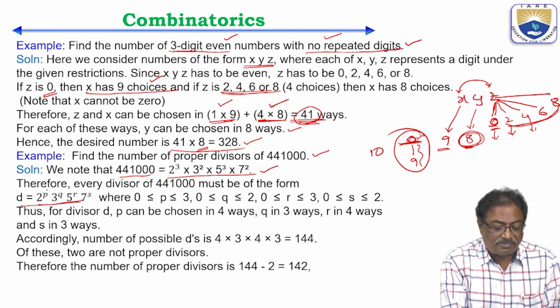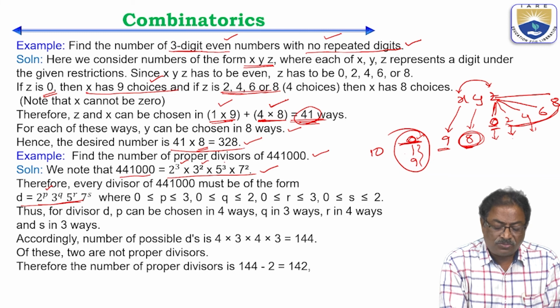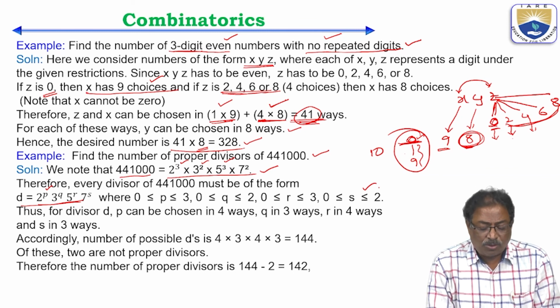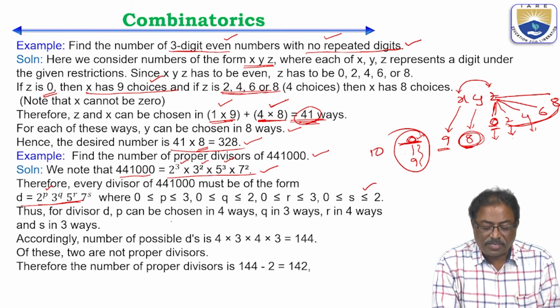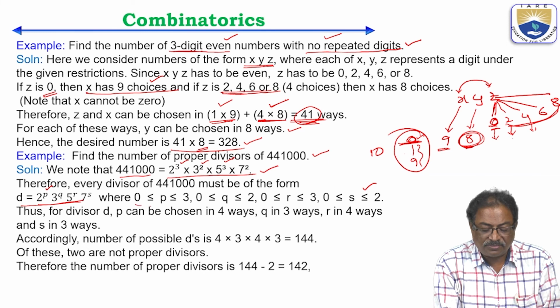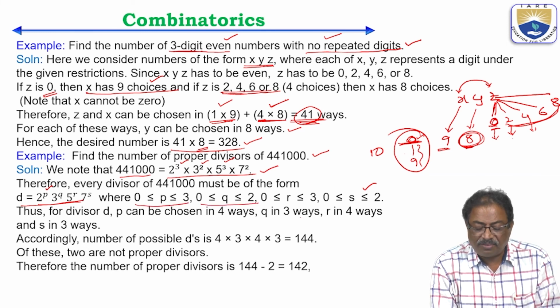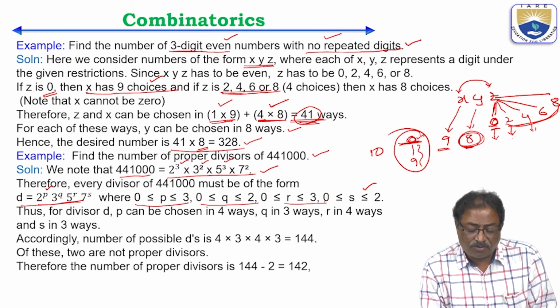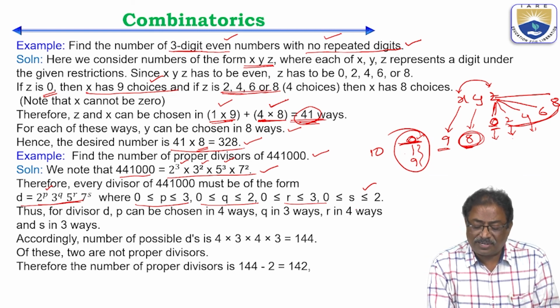Where P is 0 to 3, Q is 0 to 2, R is 0 to 3, and S is 0 to 2. So what are the possible ways? P can be selected in 4 ways, Q can be selected in 3 ways, R can be selected in 4 ways, and S can be selected in 3 ways.